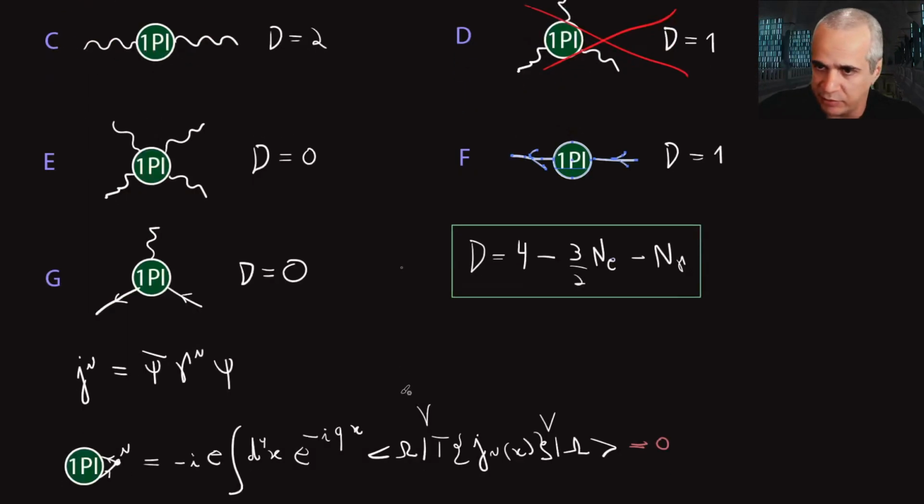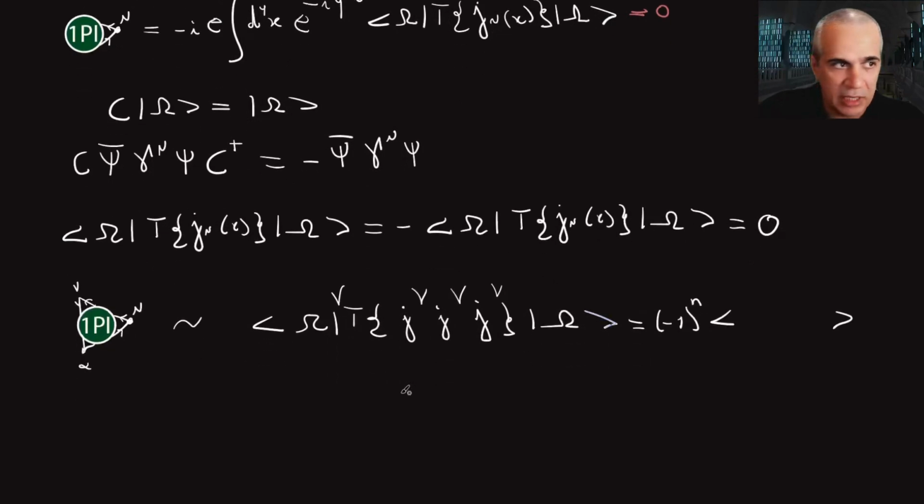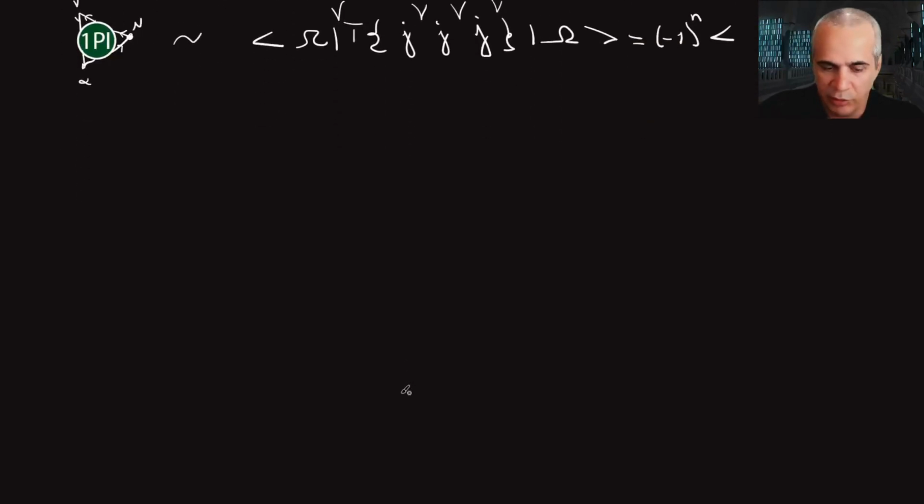analysis for the other 4 classes of diagrams, and we start with the electron self-energy, which is this 1PI sum right here, right? Let's define this. So I'm using now definitions that I'll be consistently using through the rest of the course.